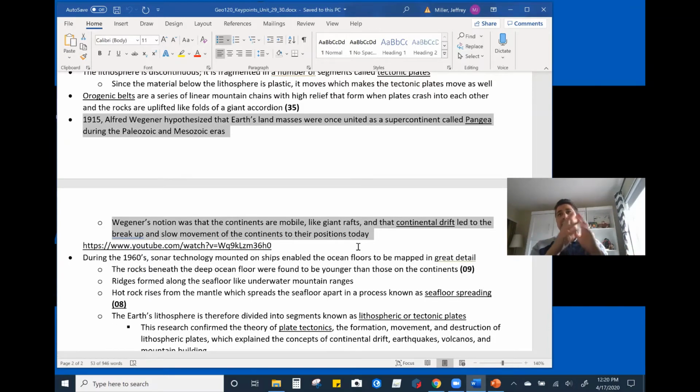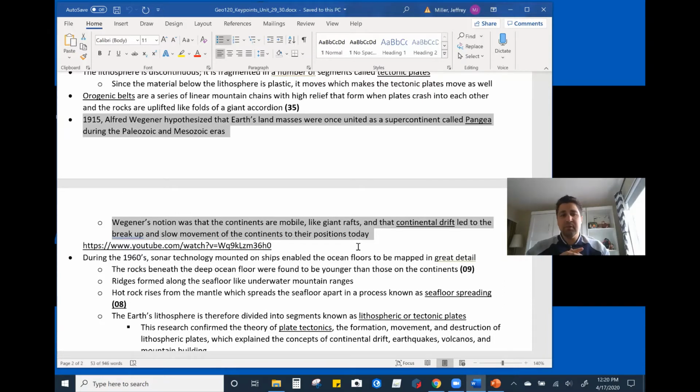When I say connected, again, remember there are plates, so they were constantly shifting below the surface of the Earth, but where the land masses were, they were connected, okay, to one another. And that made up one large supercontinent, so basically all the land in one place, and that one supercontinent was known as Pangaea.